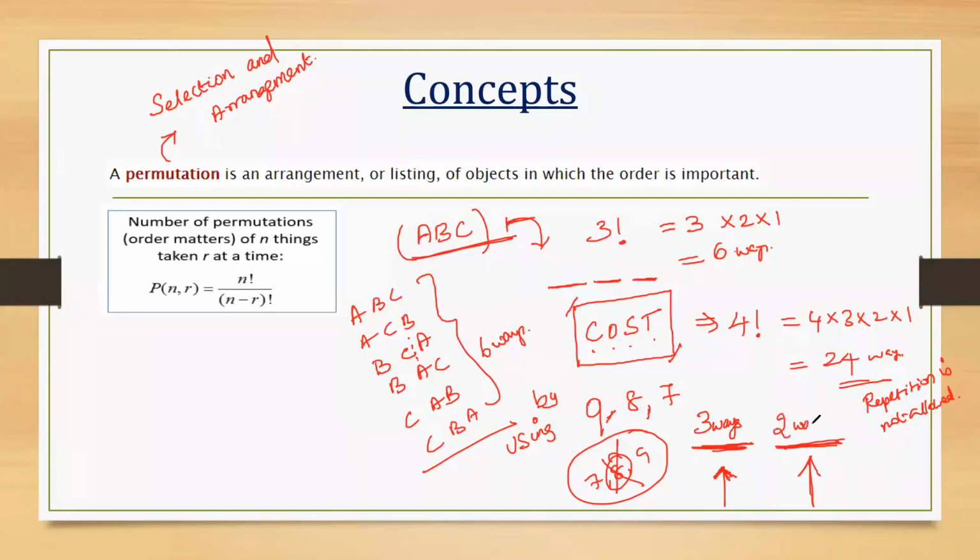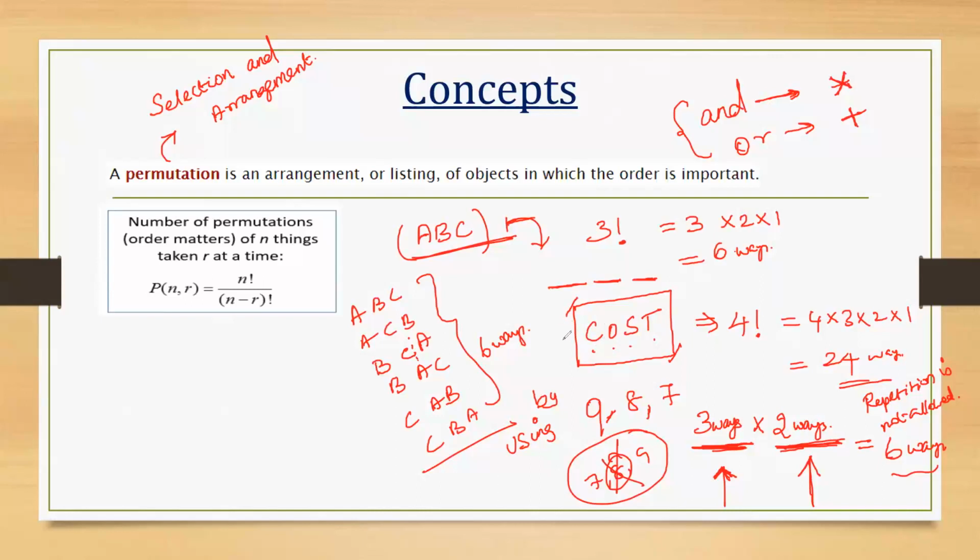So we have only 2 ways, right? We need a 2-digit number, so first place and second place, 3 into 2. So total you have 6 ways. For this topic as well as for probability, 'and' means into, 'or' means plus. Is it clear?